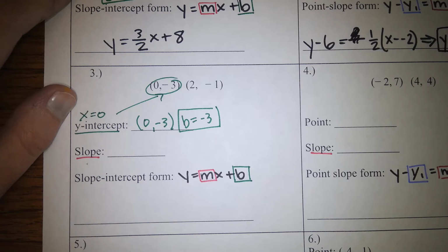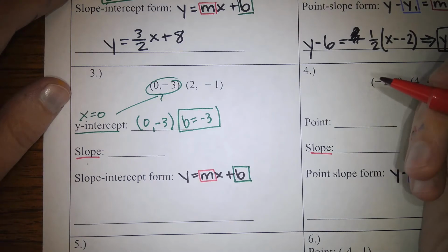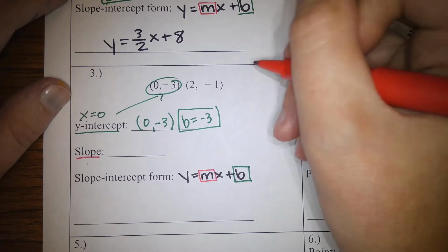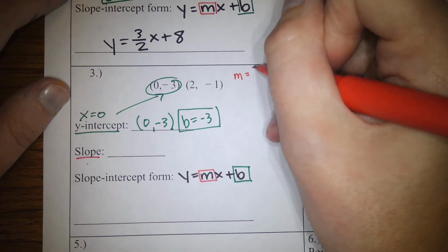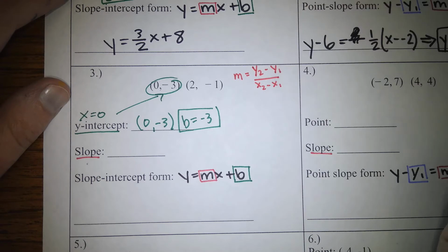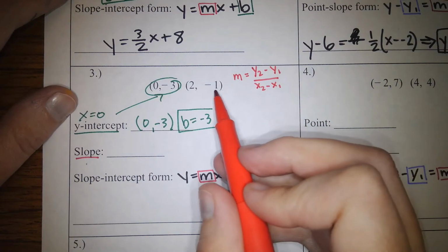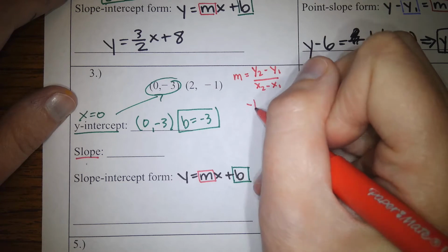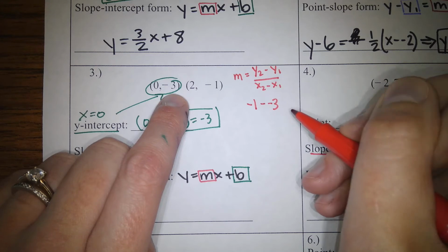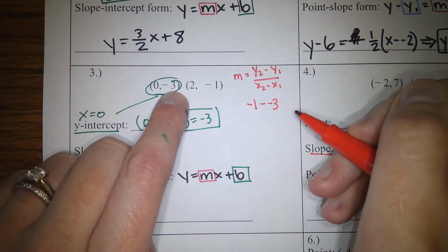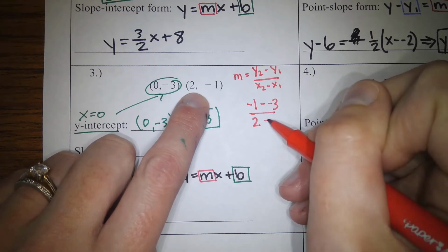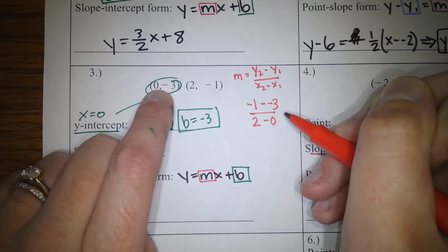So you can do this a few different ways. One way that I think is easy is you can make a table. Another way is to use the slope formula, y2 minus y1 over x2 minus x1. So we're going to do that really quick. My y2 would be -1 minus my y1, which was -3, over my x2, which is 2, minus 0, my x1.